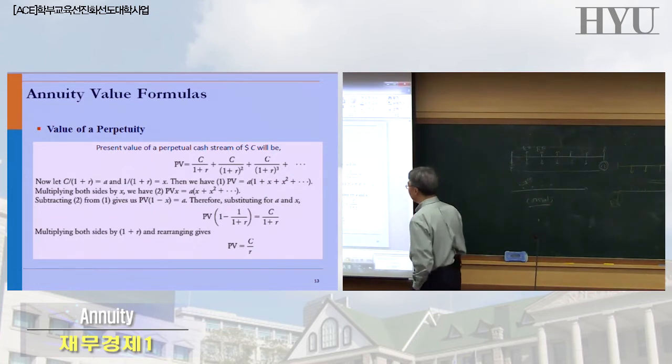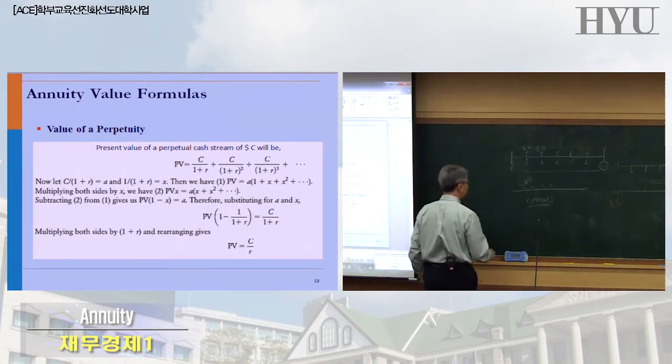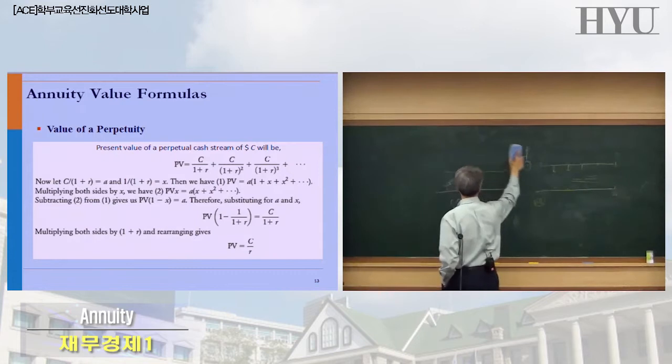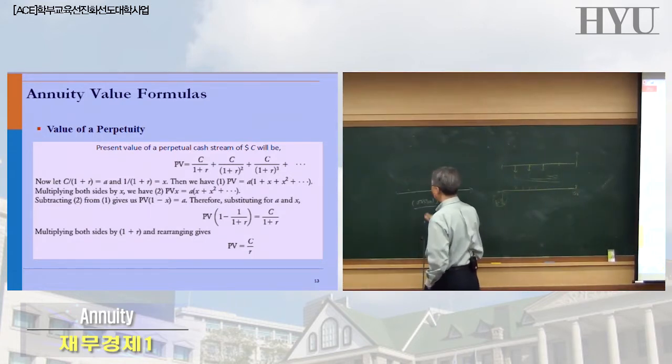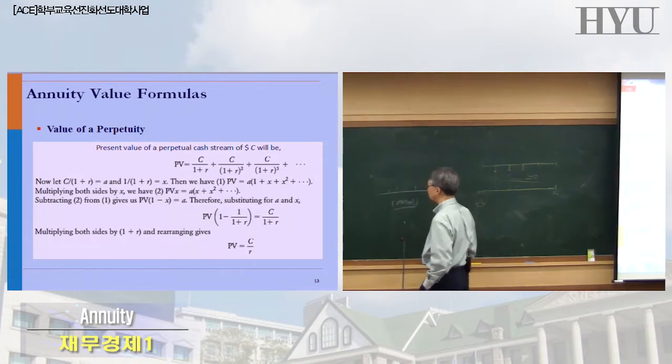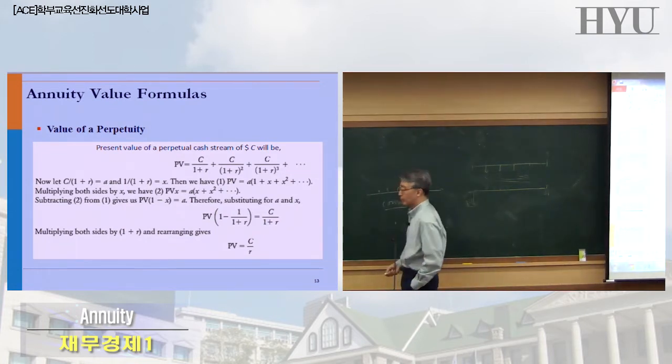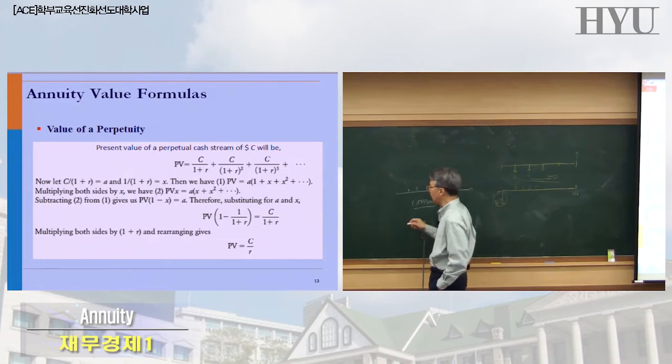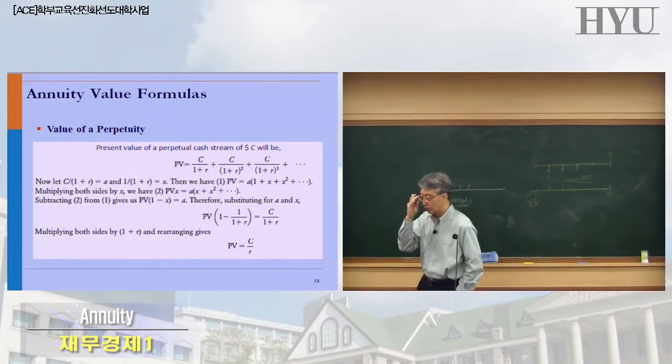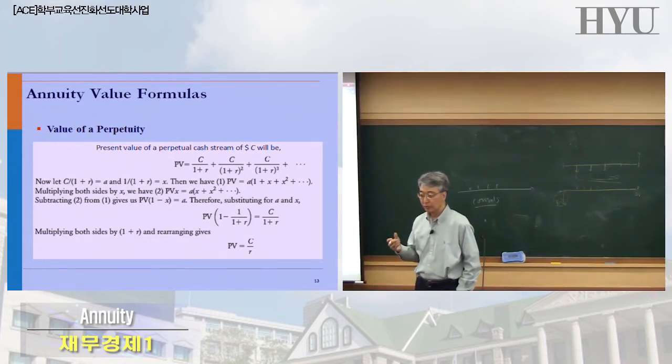But let's say you have a perpetuity. Then we're talking about cash payments, cash flow every period. So what's the present value of this perpetuity? In other words, if someone offers a perpetuity, how much should you be willing to pay?